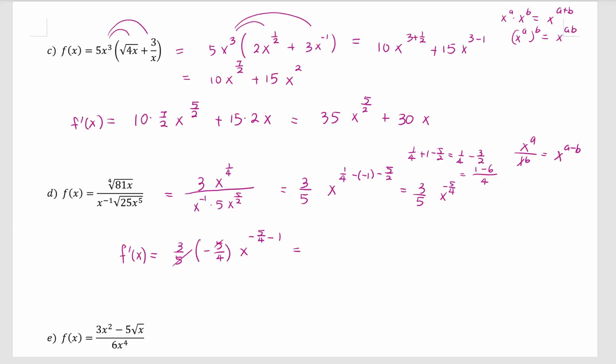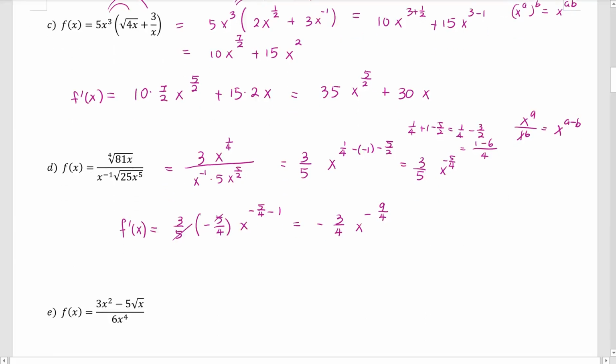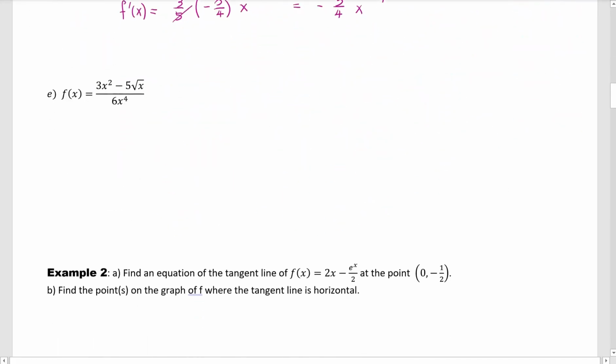So we can get negative 3 over 4, x to the minus 4 plus 5 is 9. 9 over 4. Are you okay, everybody? Okay, so when you watch the videos, you can control the pace, right? You can stop the video and then you can replay it again.